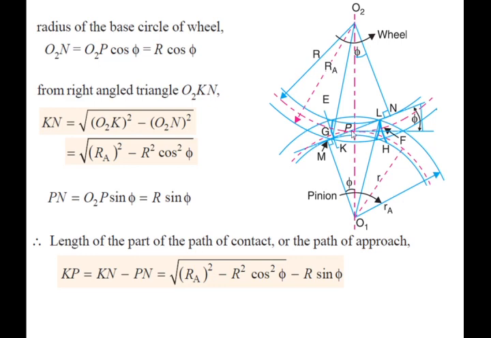So we have the relation for KN and for PN. Substituting these values, we get the length of path of approach equal to the square root of RA square minus R square cos square phi, minus R sin phi.